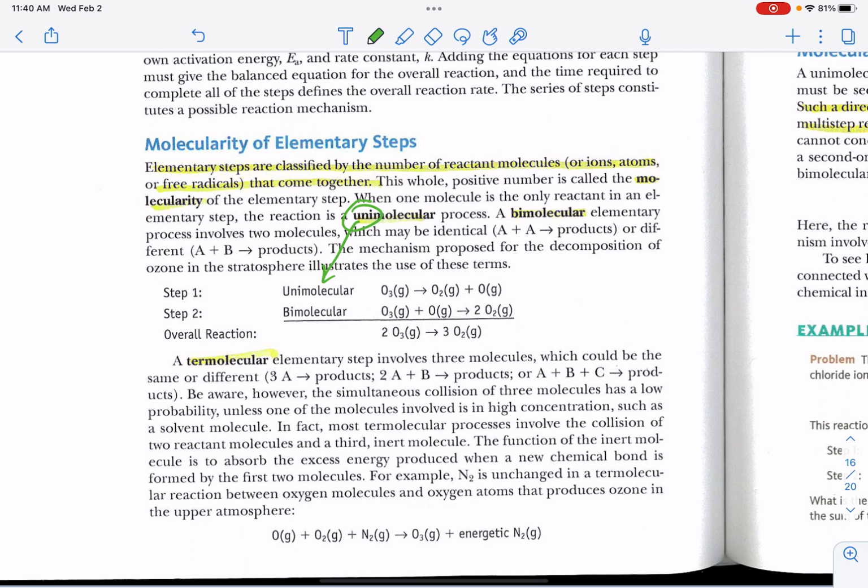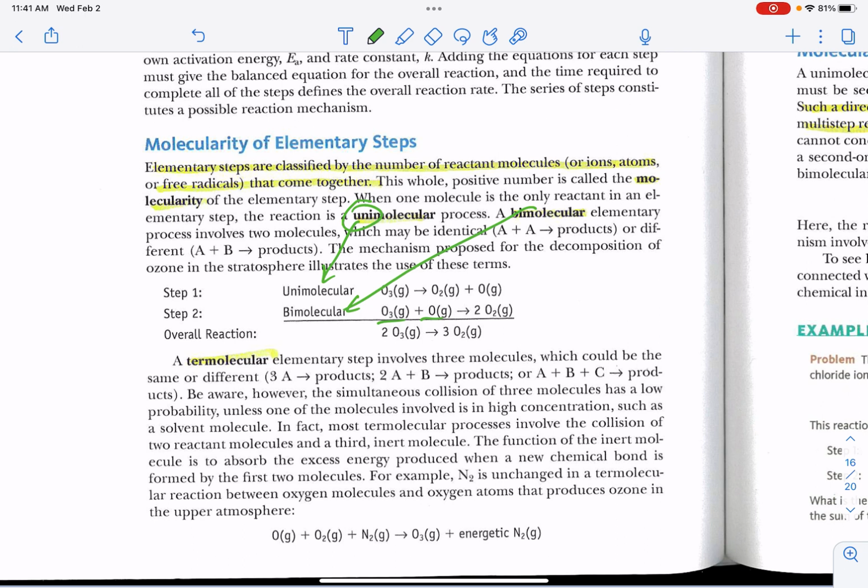If we have two particles that collide with each other, like in the second step here, in this other example, that's a bimolecular process. 1, 2. This is what we mean by the molecularity of each elementary step. The molecularity in the first step is unimolecular. The molecularity in the second step is bimolecular.